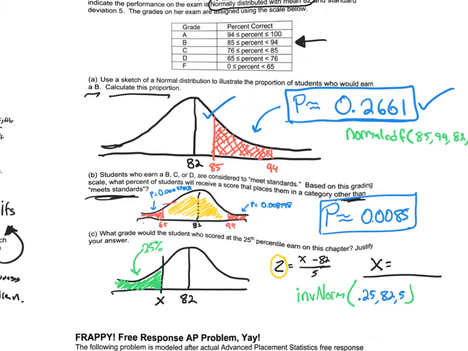I've got to show something as proof. That's called justify your answer. Your calculator is not a justification. So 0.25, mean is 82 and 5, and my tail is left because I want it to shade left of that value. So I'm going to do that, and I'm going to get 78.6. Let's just call it that, 78.6.